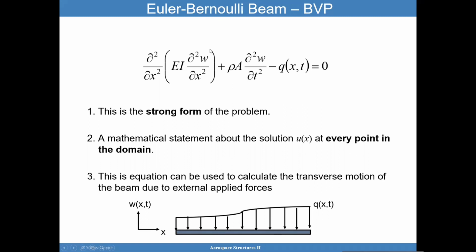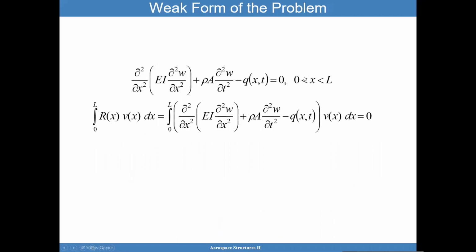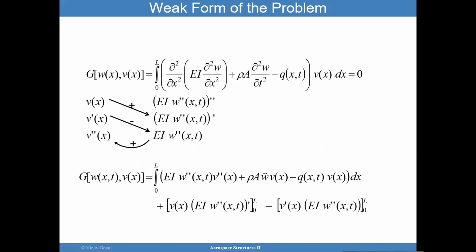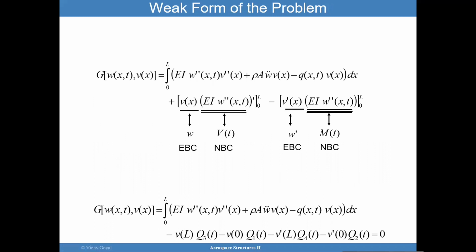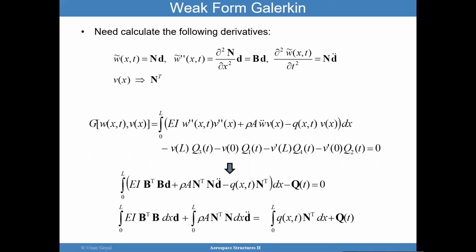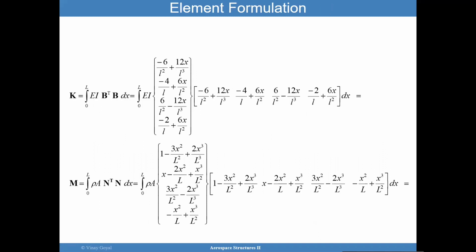And so again, very similarly, we can discretize this equation using the weak form Galerkin, as we discussed earlier, but I don't want to go through this level of detail. The bottom line here is that when you discretize it, you will get the stiffness matrix and the mass matrix that correspond to the system we just discretized.